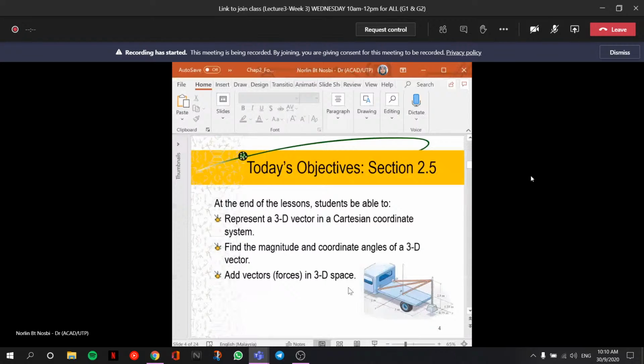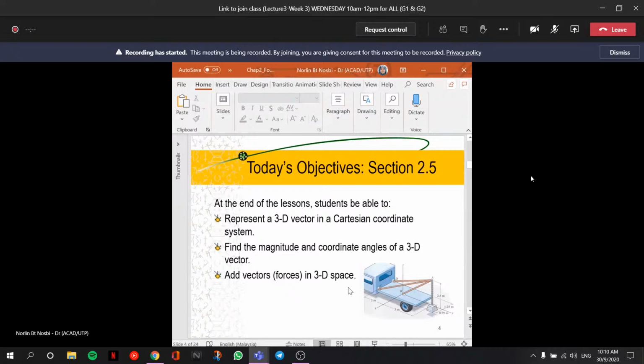For the subtopic of Cartesian vector and addition and subtraction, this is the objective that you should achieve: you should know how to represent a 3D vector in a Cartesian coordinate system, and you should know how to find the magnitude and the angle.